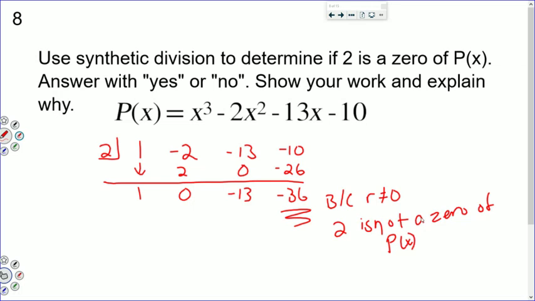Because our remainder is not 0, 2 is not a 0 of p of x. But we do have the point, 2 comma negative 2 comma negative 36. And if that's useful for us, we can use it. If not, we have it anyway. Better to have information and not need it than to need it and not have it. Okay, on to the next problem.